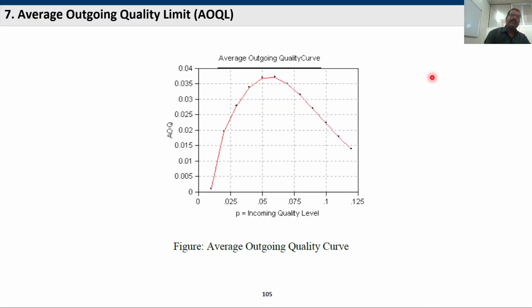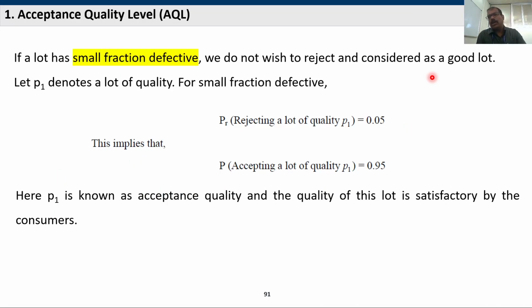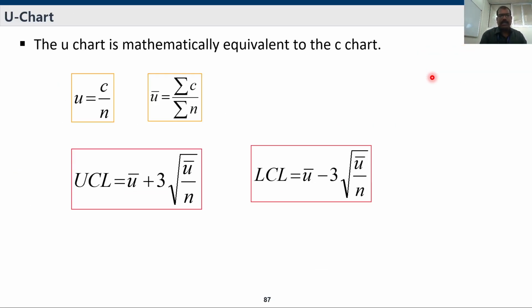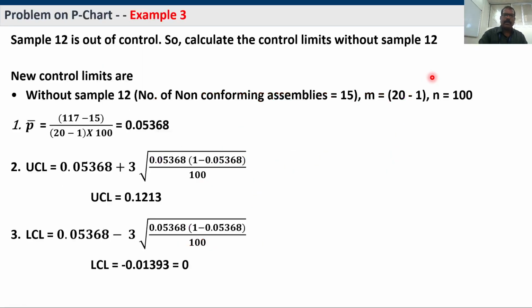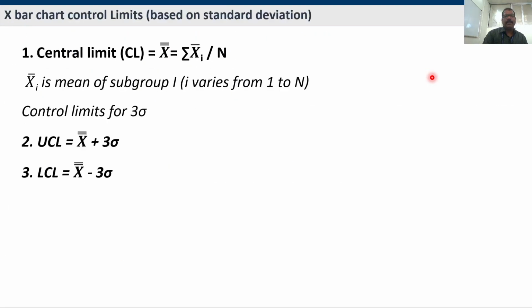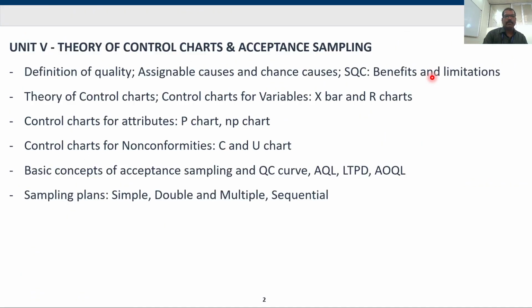Up to this, I'm winding up the recording for this particular unit number 5. Altogether, in unit number 5, we discussed control charts and acceptance sampling. This particular unit is classified into two categories, as I said in the beginning itself: first half and second half. The first half tells about what is meant by a control chart, what the types of control chart are, and how we can prepare a control chart.